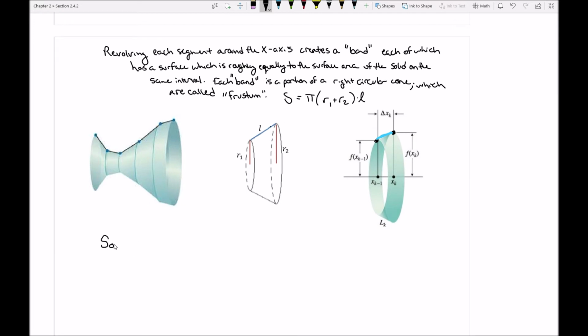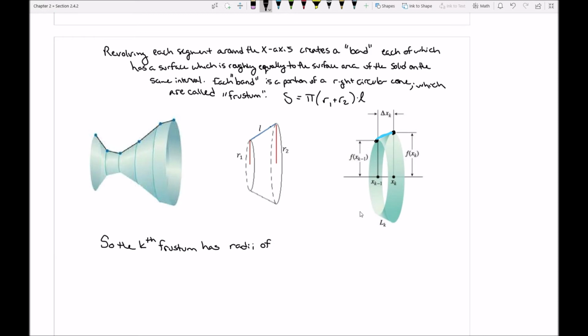So I'll start by saying this: the kth frustum has radii of, well, let's see, the radii are going to be the radius of these two different circles that I have here.